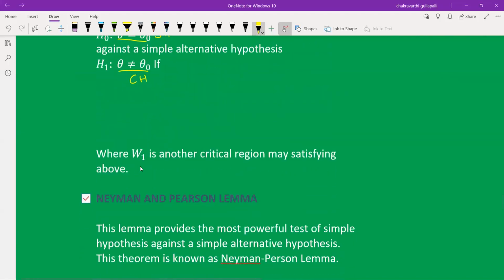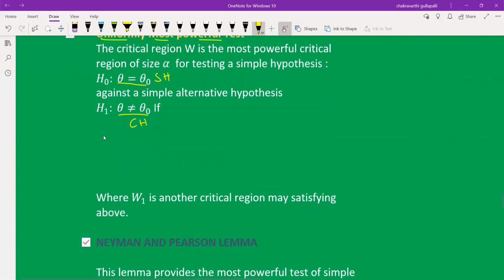So now W1 here is the same thing. Alpha is equal to probability of X belongs to W under H0, in terms of manifold integrals, integral over W of L0 dx.